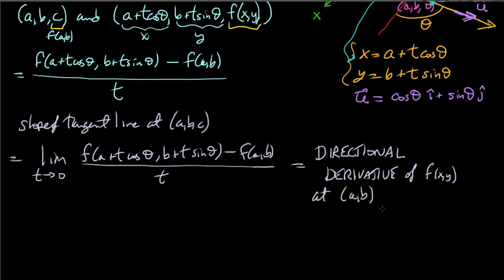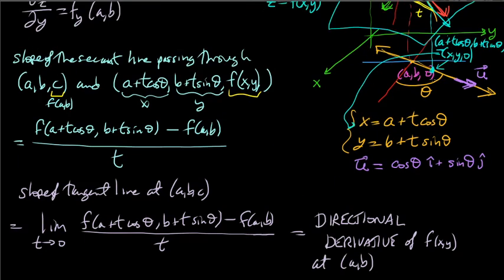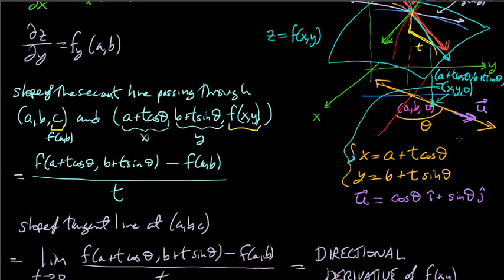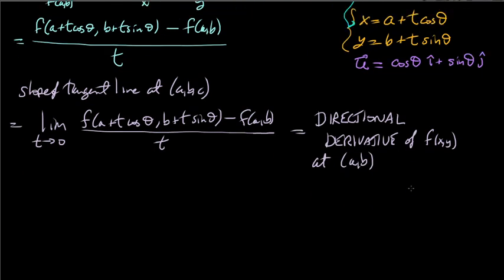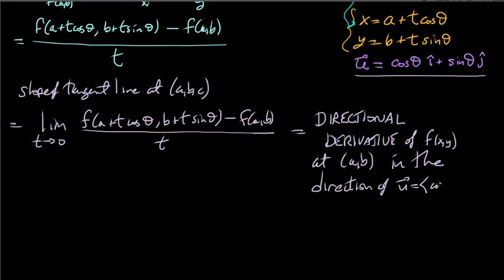At the particular point a, b. But then we also have to spell out the direction. What direction are we going in? Well, we can use theta, or we can use the unit vector u. So we're going to use the unit vector u, which has components cosine theta, sine theta.